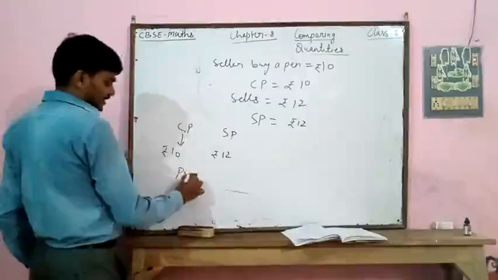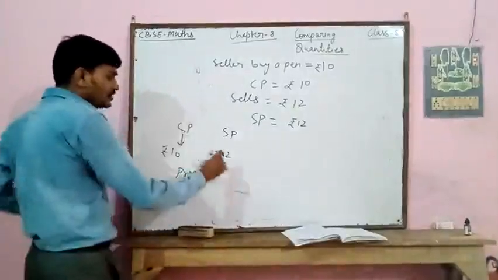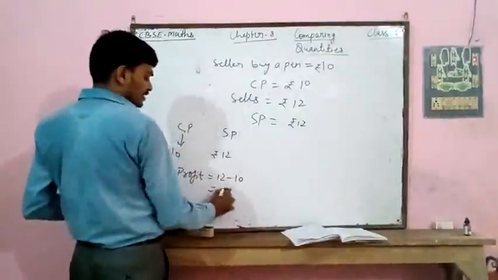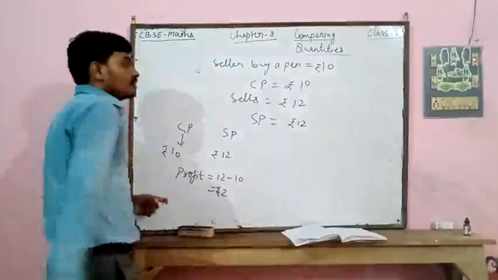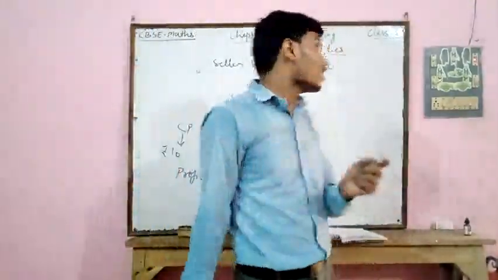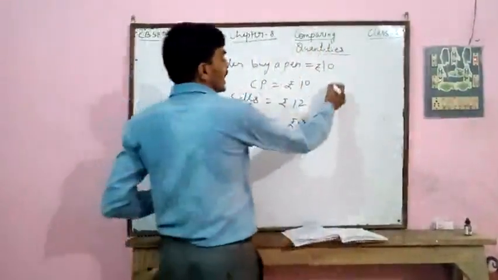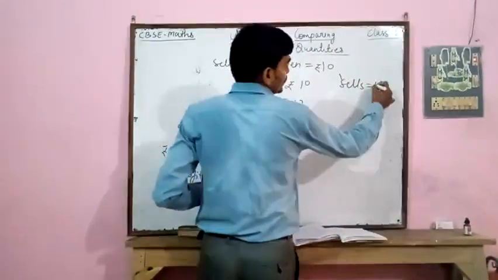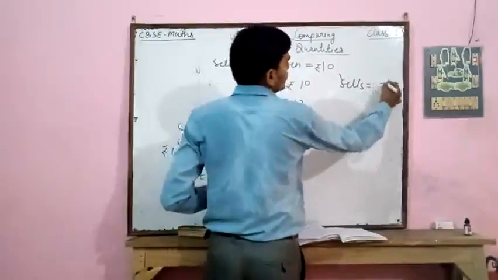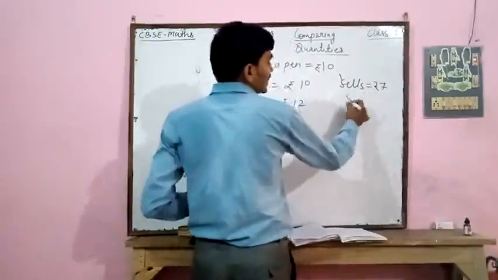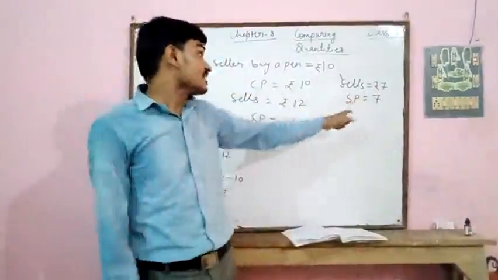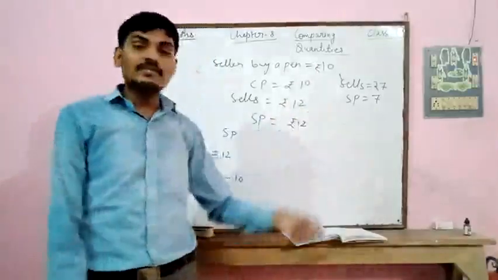Now what is the profit? Profit will be SP minus CP, that is 12 minus 10, which is 2 rupees. Now if a seller buys a pen at 10 rupees and sells it at 7 rupees, then SP is equal to 7. In this case SP is less than CP, so there will be loss.